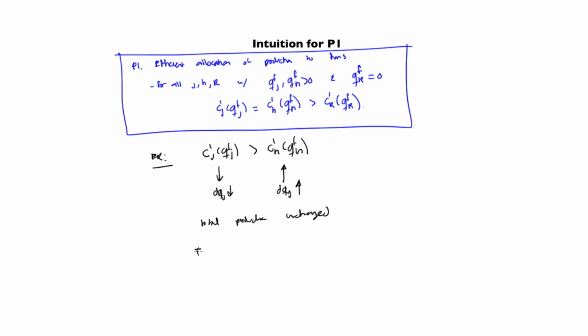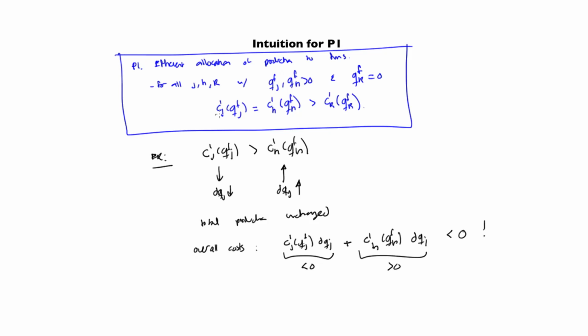We have that total cost, or overall cost, changes as follows. We have C prima of J Qf of J dqj, and this is a negative term, plus C prima of H Qfh times dqj, and this is a positive term because this was a decrease and this was an increase, and this overall is less than 0 because this term was bigger than this term. So that decreases total cost.